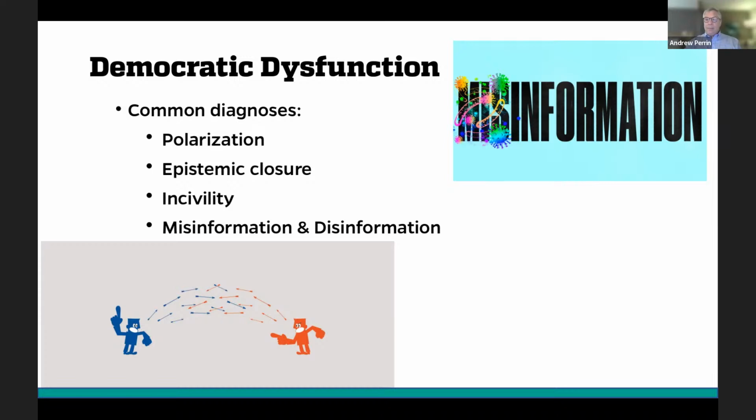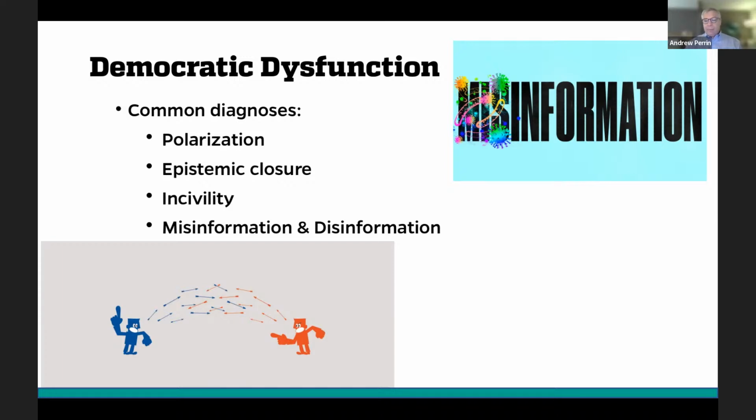And so they close off the possibility that they will be exposed to disconfirming or disagreeing evidence or ideas. The straightforward question of incivility in civic and political life. And then I think related but different to all of these is the question of misinformation and disinformation.